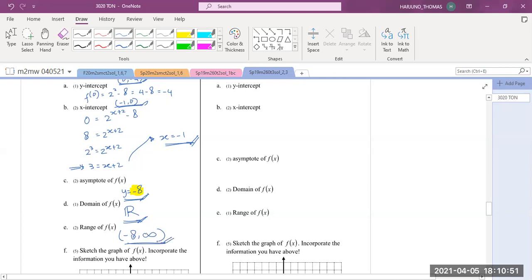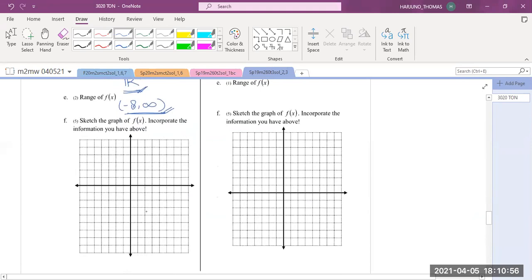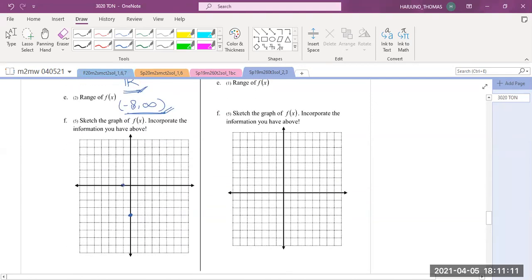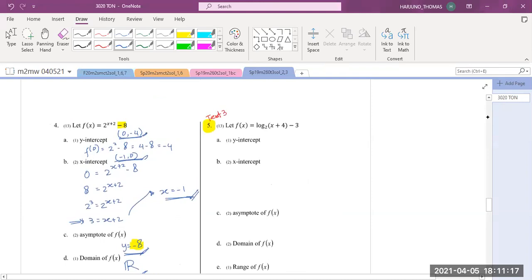Now I need to sketch that. The y-intercept is (0, -4). The x-intercept is... oh, sorry.